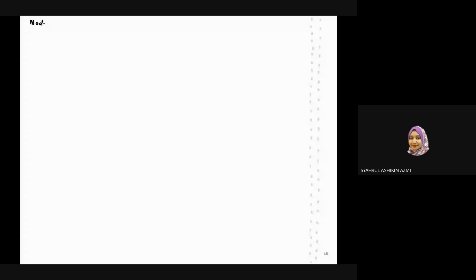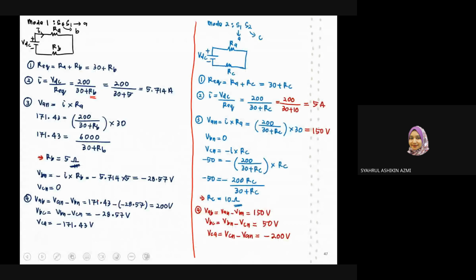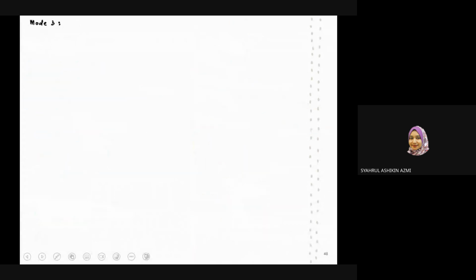Switch 2 and switch 3. So mode number 3, 4 and so on will be easy because you already know all the values for your resistors RA, RB and RC.